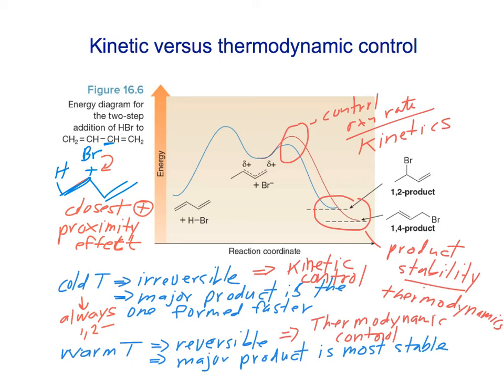Okay, so notice that this 1,4 product has 2 alkyl groups, and we call this a di-substituted alkene. Whereas the one up here has only 1 carbon attached to it, and 3 hydrogens. This would be a mono-substituted alkene. Okay, so at warm temperature, we get the most stable product, and this is the one with the more substituted alkene.